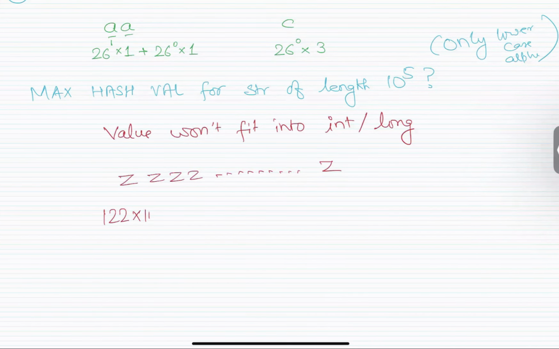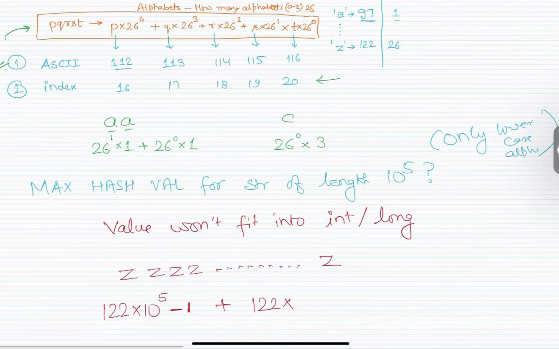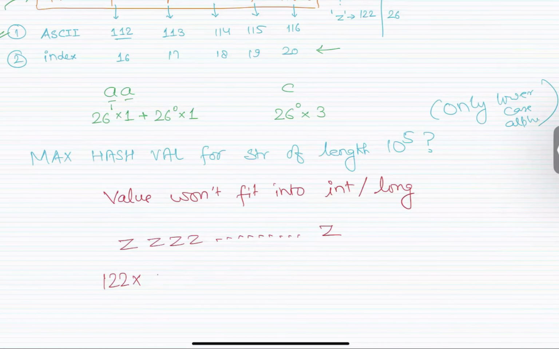So you will say 122 into 26 raised to the power 10 to the power 5 minus 1, plus 122 into 26 raised to the power 10 to the power 5 minus 2.